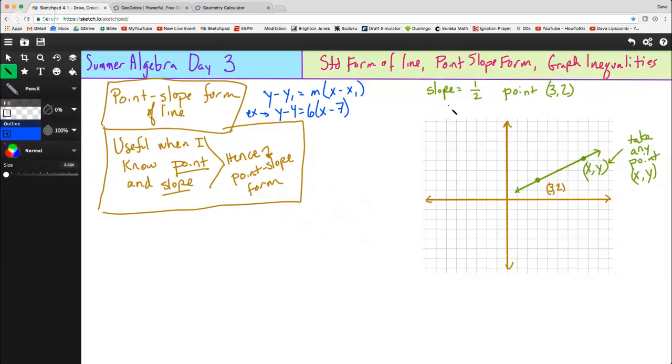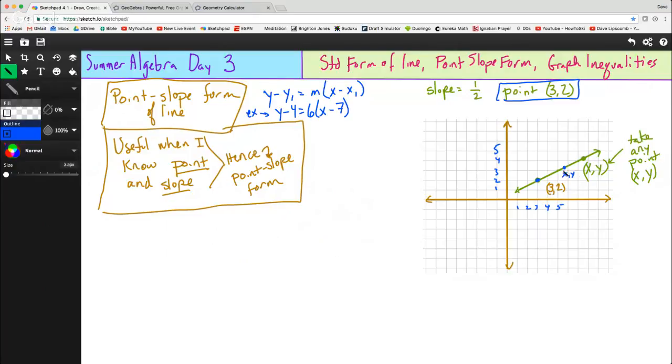So let's look at the case where I have a point (3, 2) right here, and I have a slope of a half, up 1 over 2. We can label our points here, 1, 2, 3, 4, 5. And so our slope is up 1 over 2, up 1 over 2, up 1 over 2.